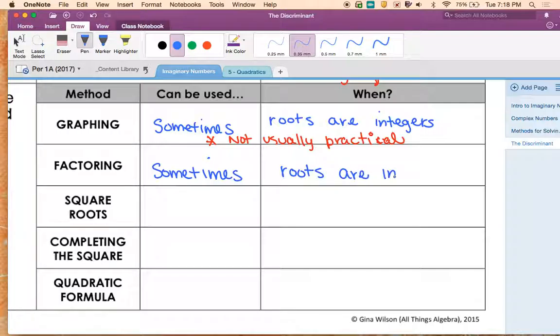And I'm going to go ahead and say when the roots are integers, that's when it's the easiest to factor. So integers or rational. Okay? All right, next one, square roots. Can I take the square root of all quadratics all the time? No. Only sometimes.